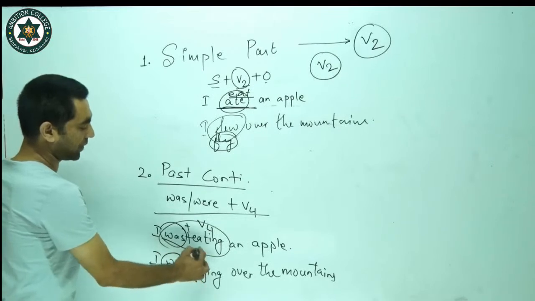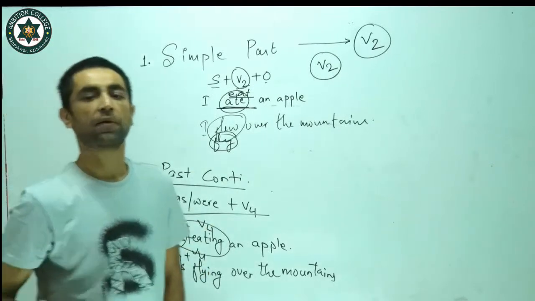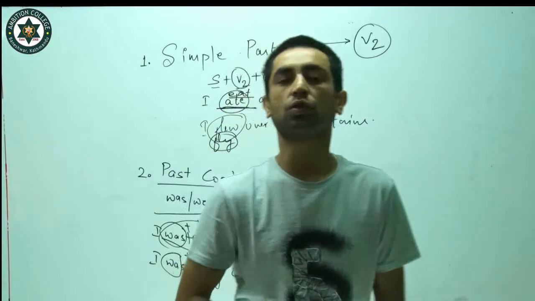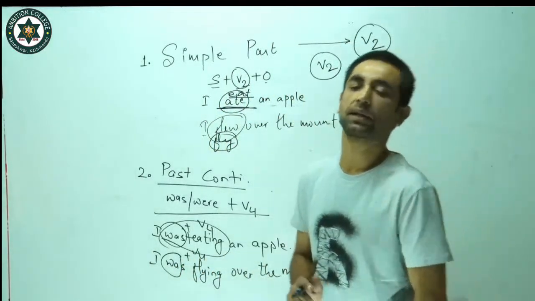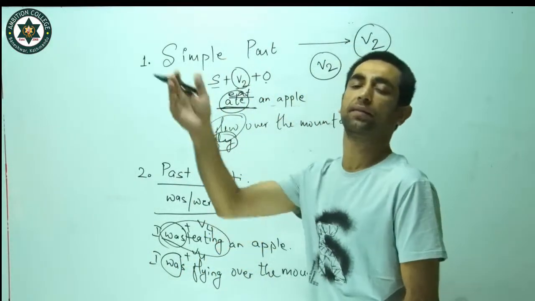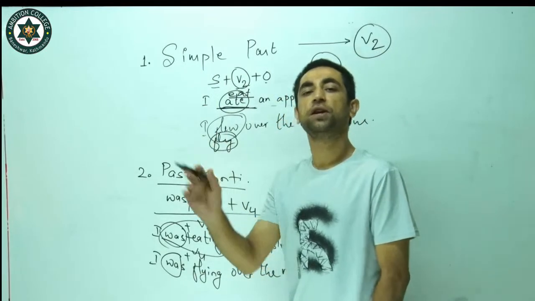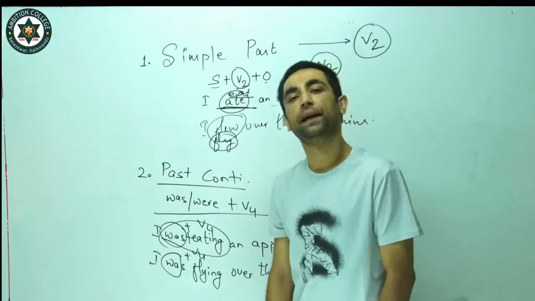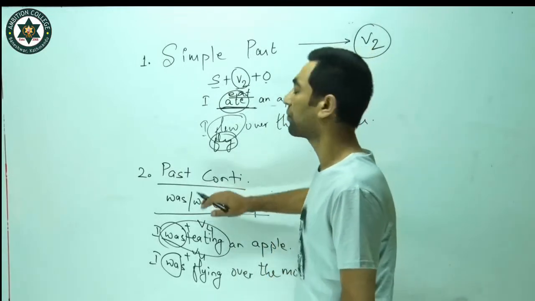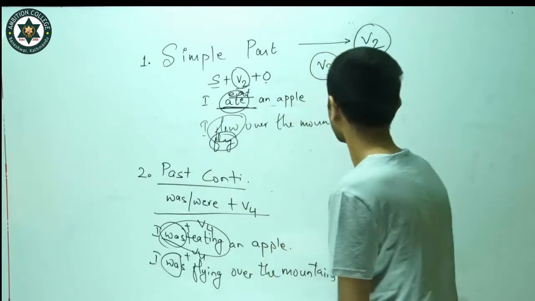This type of structure is to talk about something that was going on in the past. So the things continuous in the past, we indicate it with the help of past continuous.